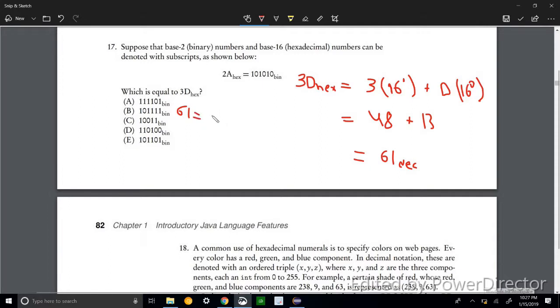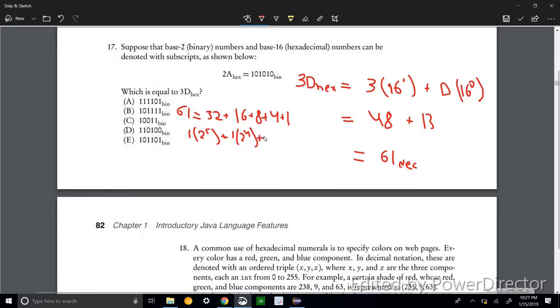So you can write it as 32 plus 16 plus 8 plus 4 plus 1. So we know that 32 is equal to 1 times 2 to the 5th. 16 is 1 times 2 to the 4th.